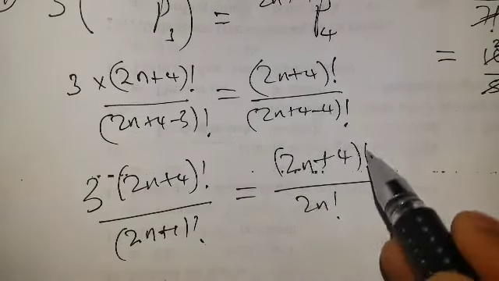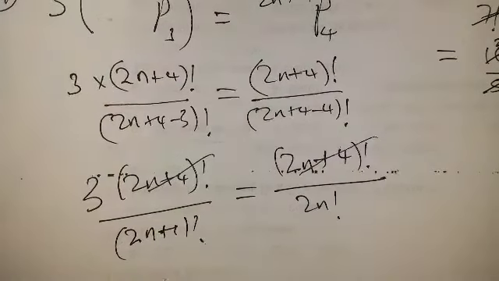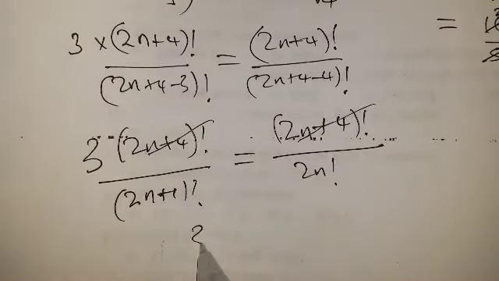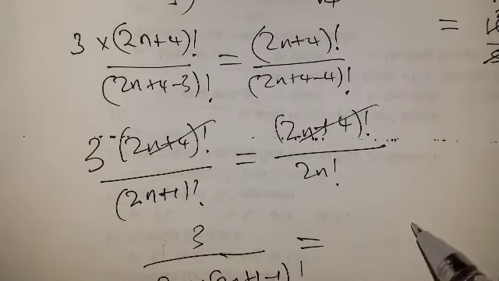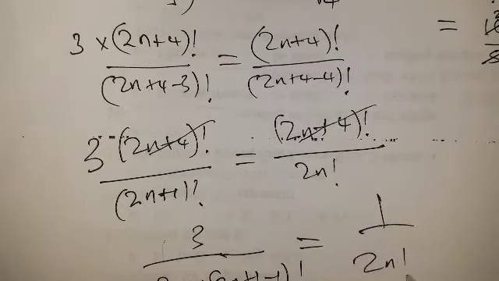So now this one will go with this. We have 3 over (2n plus 1) times (2n plus 1 minus 1) factorial is equal to 1 over 2n factorial.